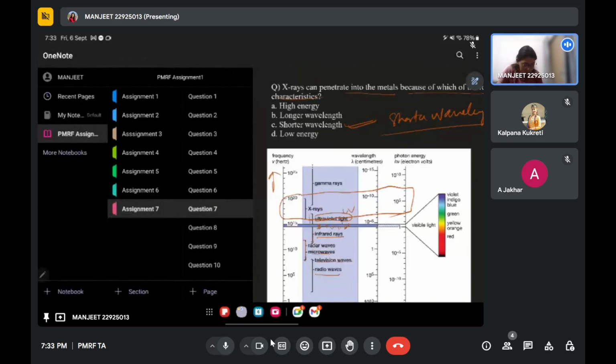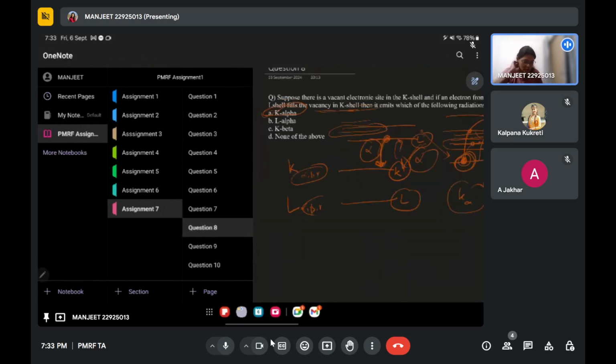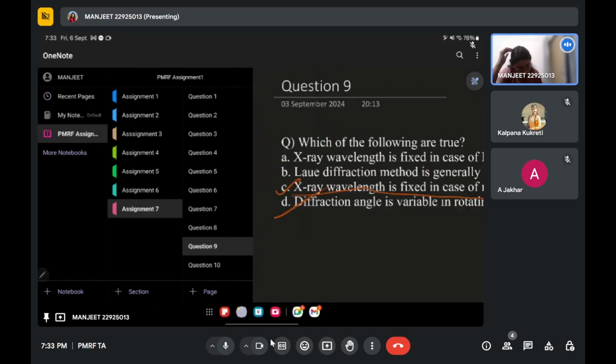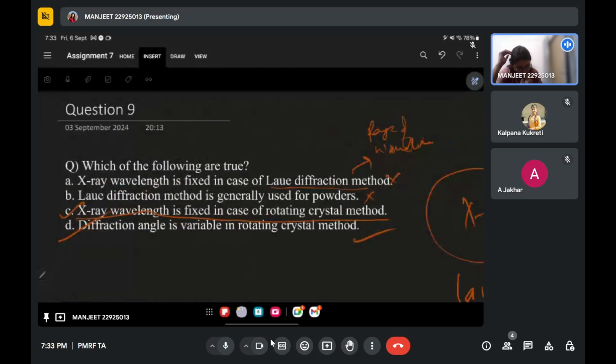In 7, we discussed the range in which X-rays lie. In the 6th, how K alpha and L alpha radiations are named and defined. In the 9th, we discussed the difference between the Laue diffraction method and the rotating crystal method.